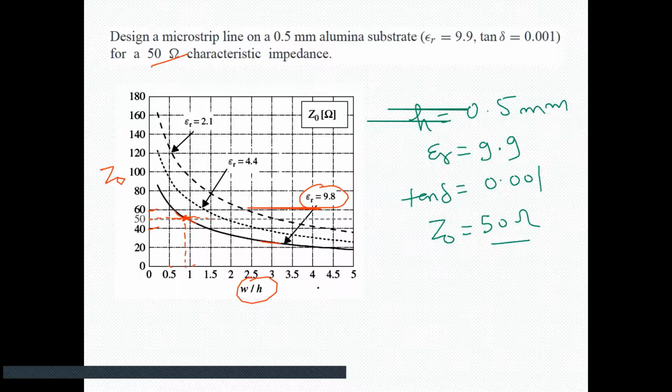So the value of W by H is approximately 0.9 or 0.8, somewhere in between. So we have a rough idea that W by H will be less than 1, and also less than 2.